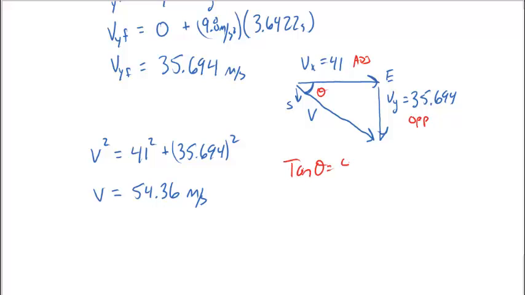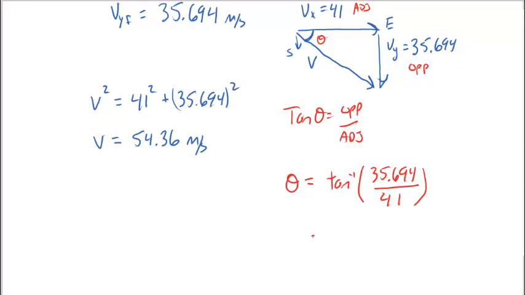Tan theta is opposite over adjacent, or my angle theta will be inverse tangent of 35.694 over 41. And so that is an angle of 41.0 degrees.